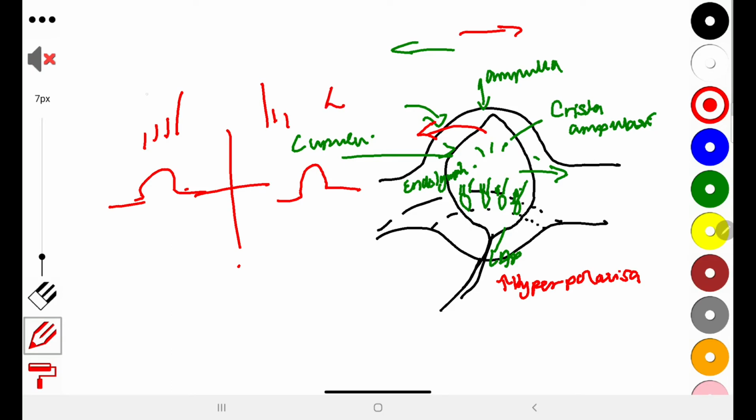Is this your left and is this your right? Let's use our anatomy to study our physiology. If it's this way, it means that when you turn this way, this turns that way. So which one of these shoots up action potentials?